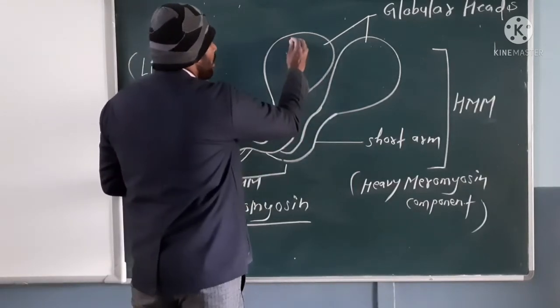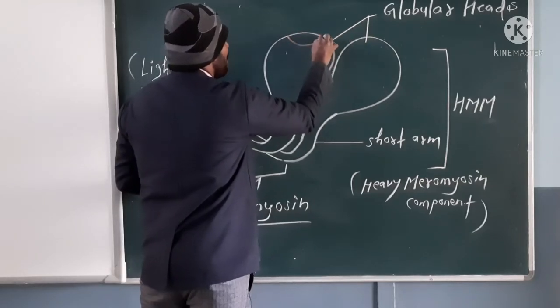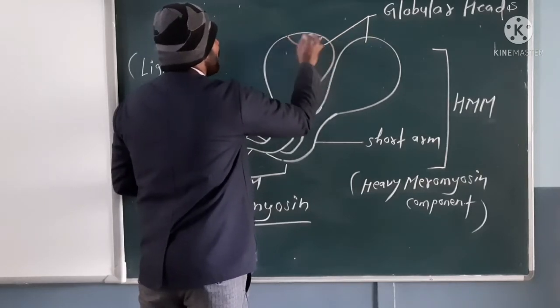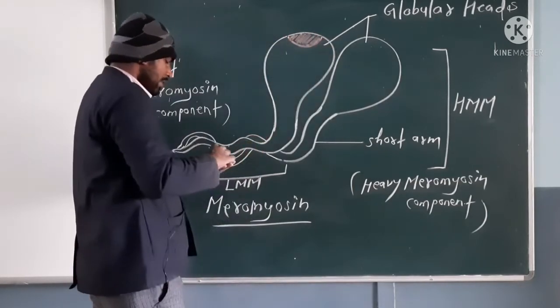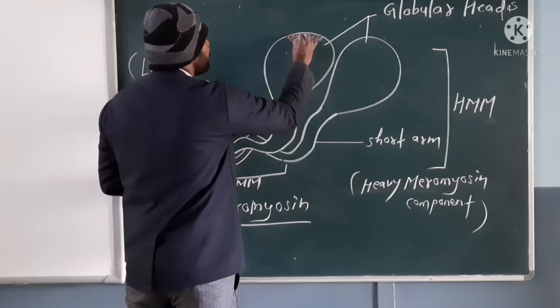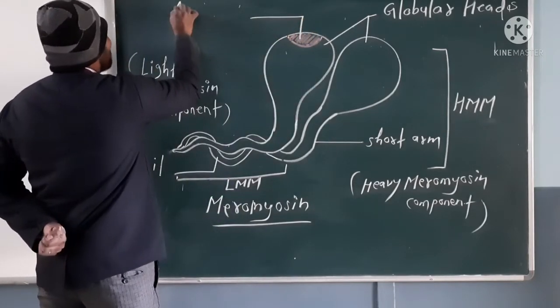On the globular head of meromyosin, one region is present which is called the actin binding site.